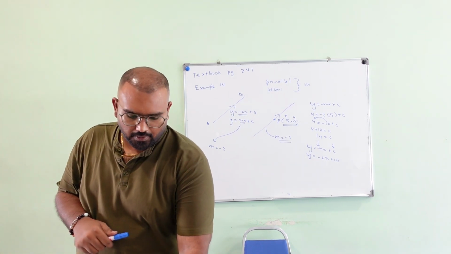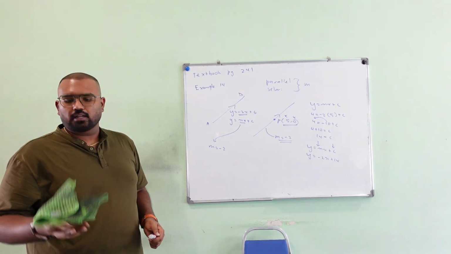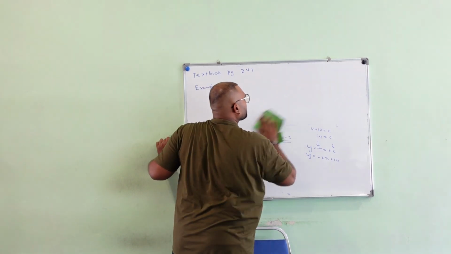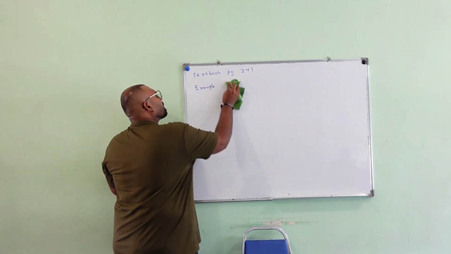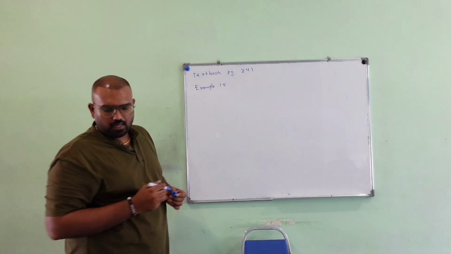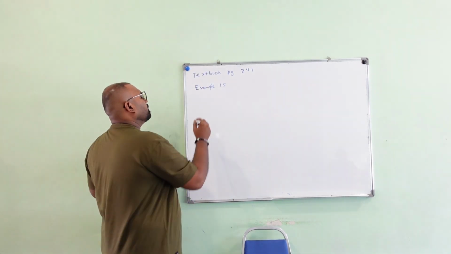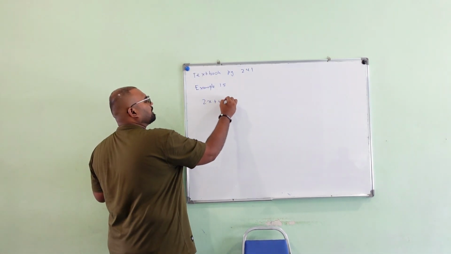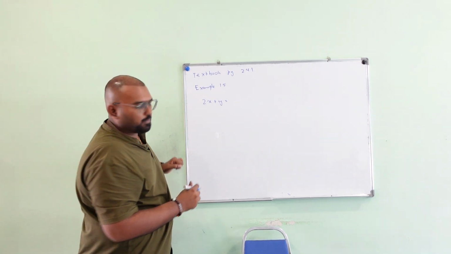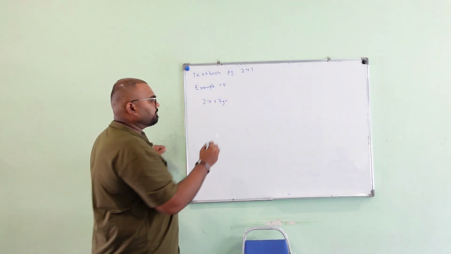So now let's see example number 15. On the same page 241, kita ada example number 15. Okay, you can see the example number 15. In example number 15, they've given you an equation of a straight line: 2x plus 3y equals to 12.